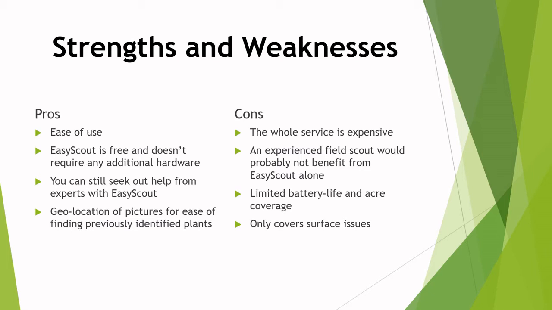It's free, and on the website you can still seek out help with pictures that you take from Easy Scout. For a price, it's still like $25 for a report, but you can still seek out help if you need it. And the geolocation of pictures is fantastic. If you need to go back and find problematic plants, down to specific plants in a field, it makes it really easy to do that.